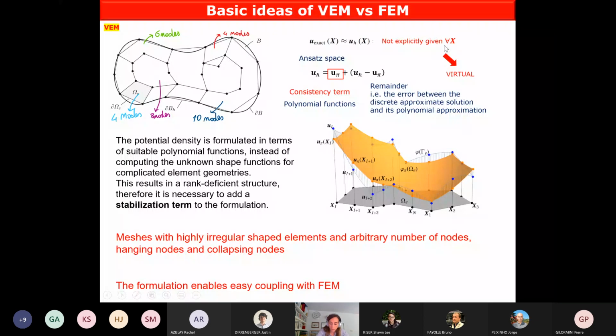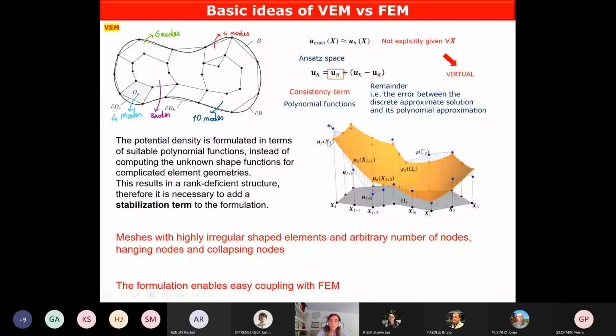But this ansatz, so this approximate solution, is additively split into a polynomial projection part that is called the consistency term, that is explicitly evaluated in the element, and a remainder that plays the role of the error between the discrete approximate solution and its polynomial approximation.